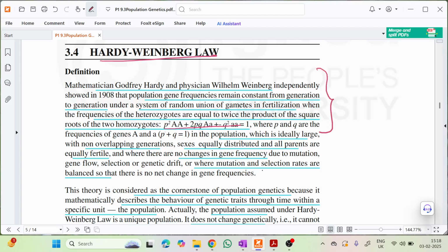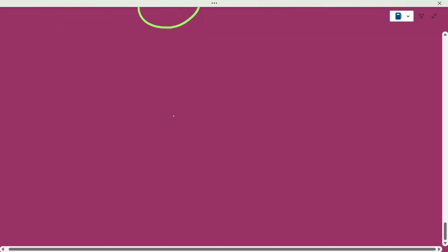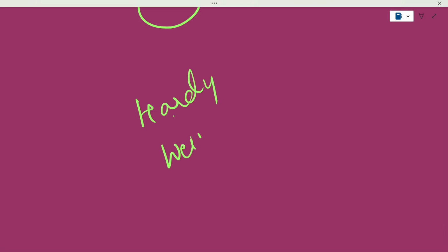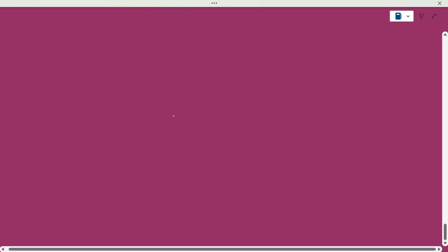Now let's understand this one in detail. So we are talking about Hardy-Weinberg law, which states that the gene frequencies.